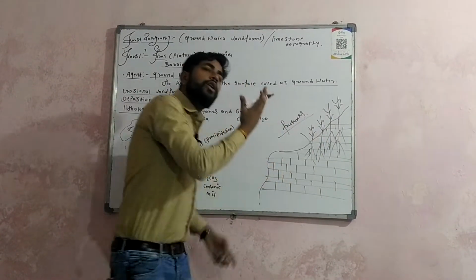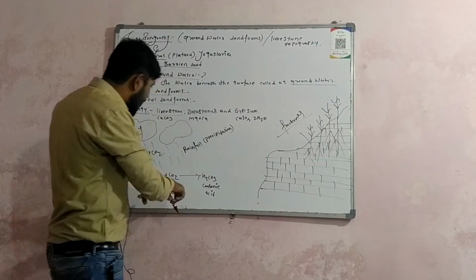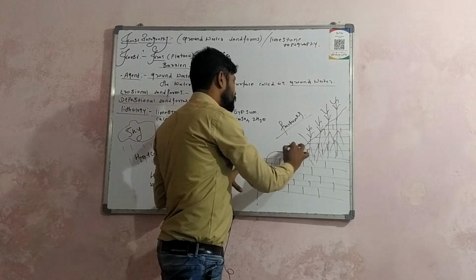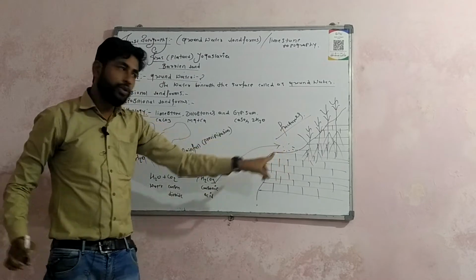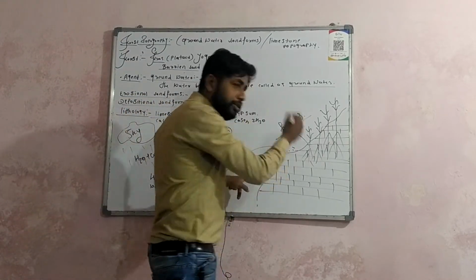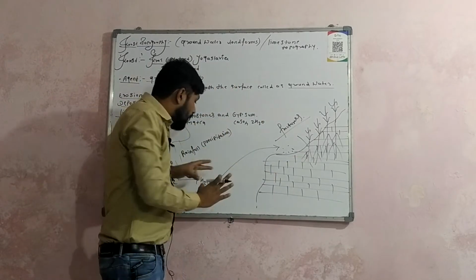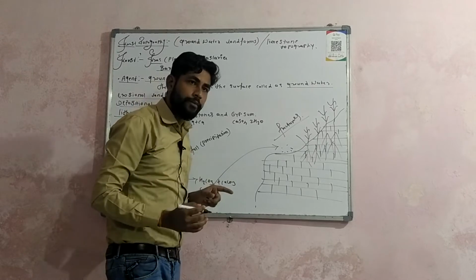So what is the role of fractures or joints in case of karst topography? Carbonic acid affects the limestone, and after that there is a formation of solution, carbonic acid plus CaCO3.